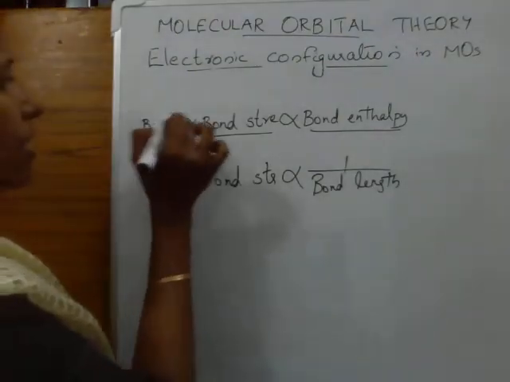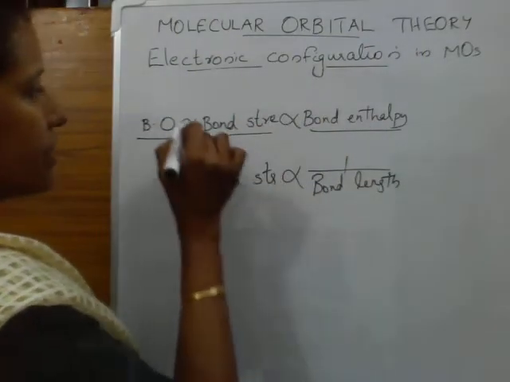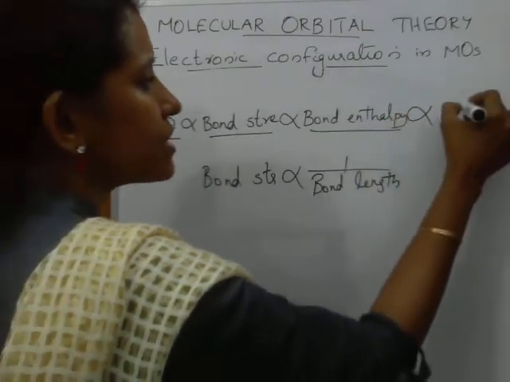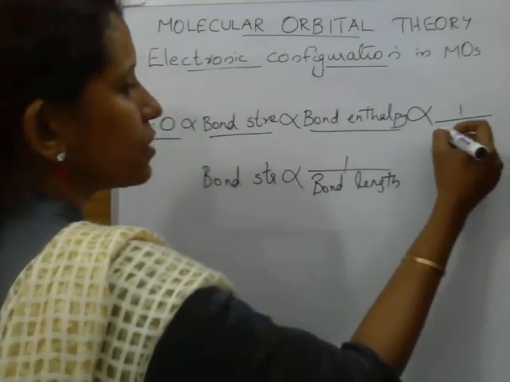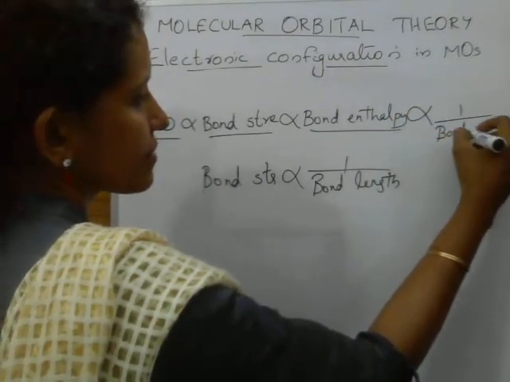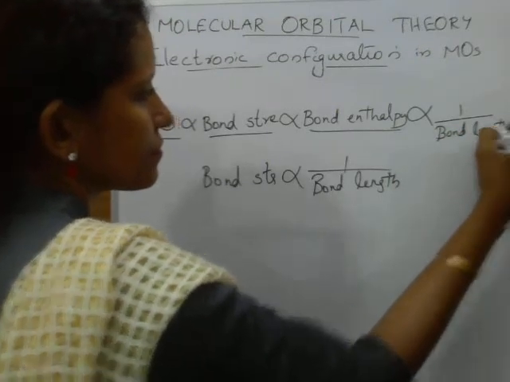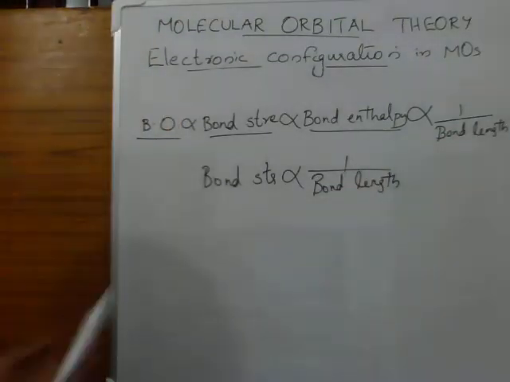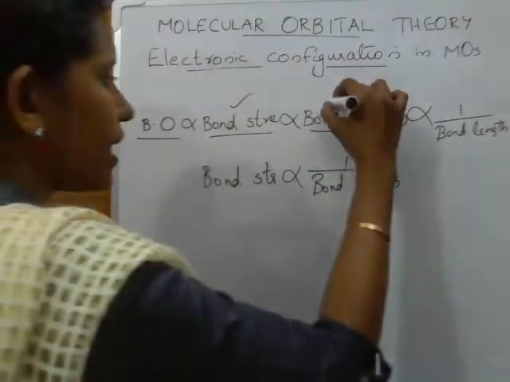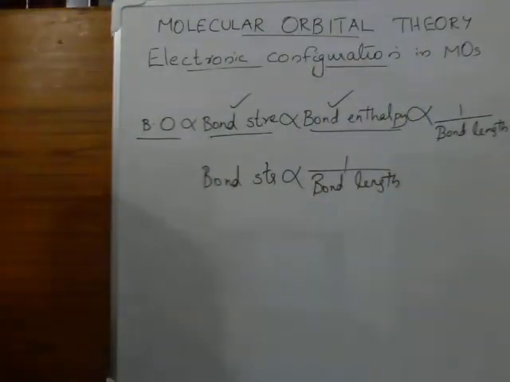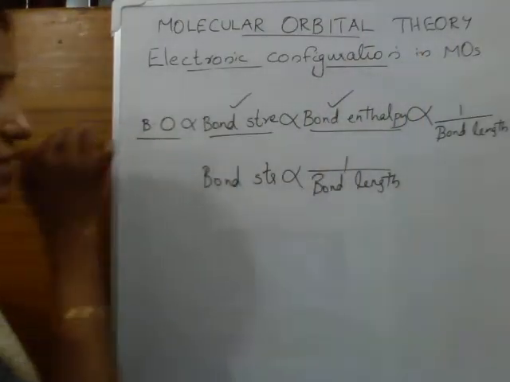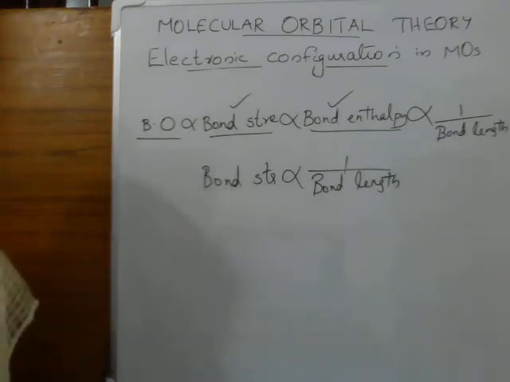So bond order, bond strength, bond enthalpy, all the three terms are inversely proportional to bond length. So bond strength and bond enthalpy will have the same order as the order of bond order.